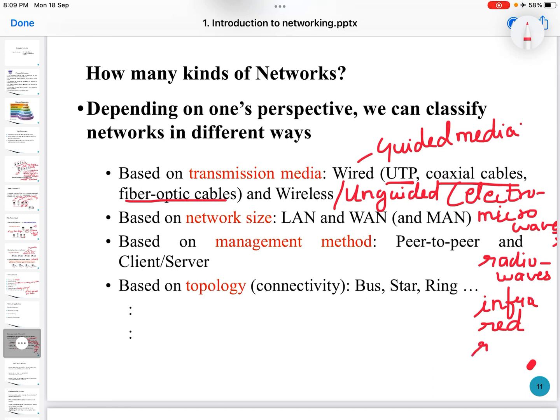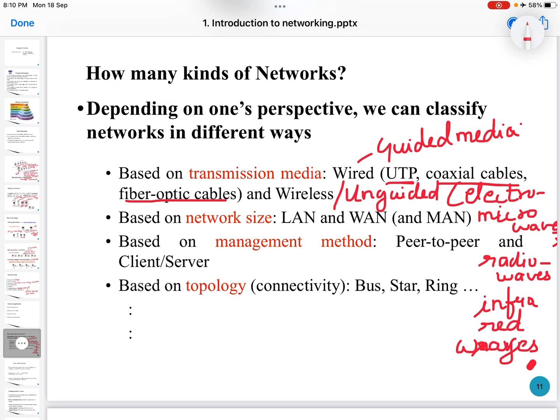So transmission takes place with the help of electromagnetic waves. In case of wireless media, you can divide the networks into two: wired media and wireless media.